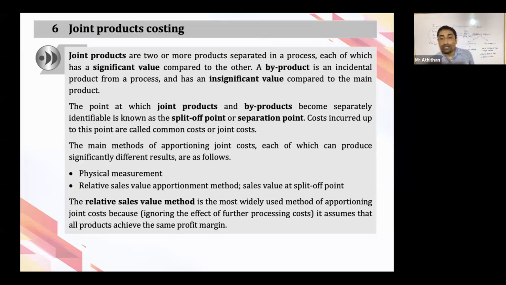So we cannot separate one is high value and one is low value because both of them have considerable value, significant value, non-ignorable value, right? But on the other hand, a byproduct is an incidental product from a process and it has insignificant value compared to the main product, right? So joint products பொறுத்த வரைக்கும் ரெண்டுமே significant value தான். ஆனா byproduct பார்த்தோம் என்றால் ஒரு product main product என்று சொல்லுவோம், மற்றதை byproduct என்று சொல்லுவோம்.